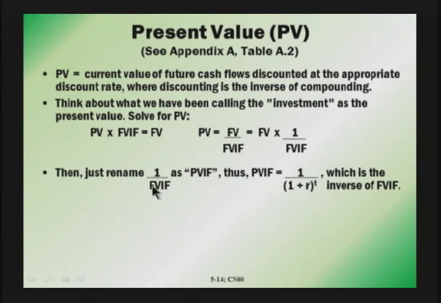The future value interest factor was 1 plus r to the t, so the present value interest factor is 1 over that. 1 over 1 plus r to the tth power. So our present value is the future value multiplied by the present value interest factor.